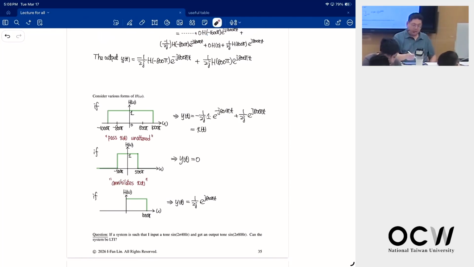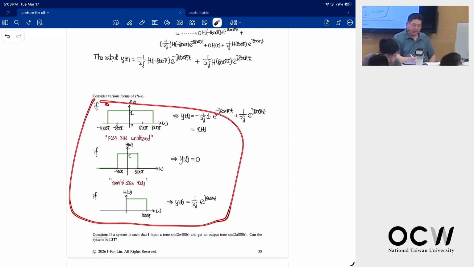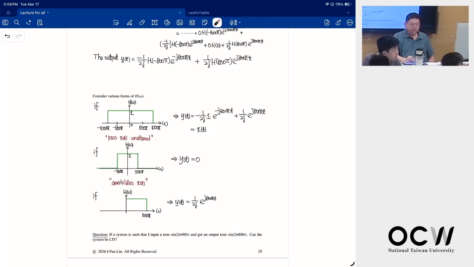So here the system is kind of like a filter design. You have a different filter. I can let any signals going through either pass all the x, or just delete, avoid x to pass, or you pass part of them.